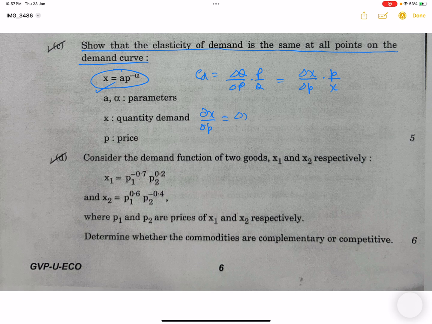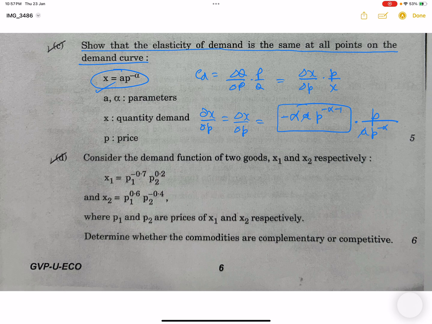This is nothing but change in X by change in P, and this is minus alpha A times P to the power minus alpha minus 1. So the elasticity would become this thing into P by X. So P by X is A P to the power minus alpha. So A cancels out.